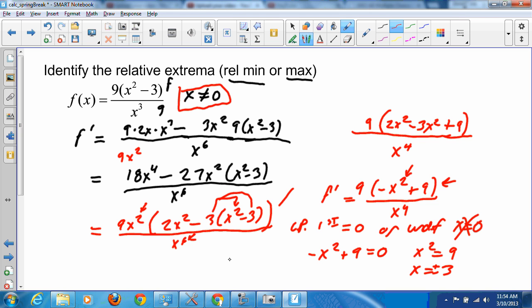Alright. Well, let's take a look at this problem here. And let's just look at the positive side of it. Let's look at when x equals 3.